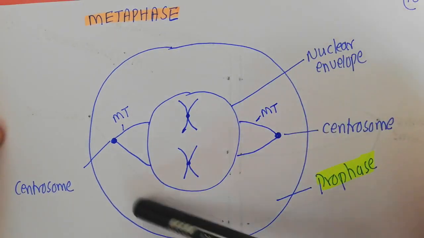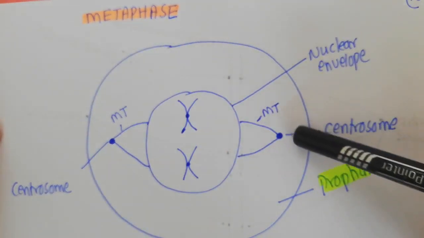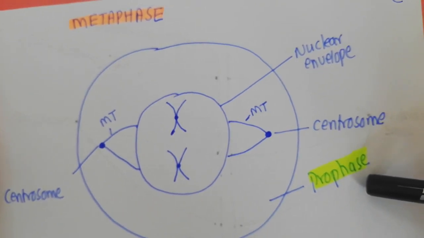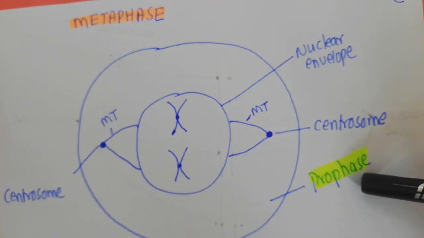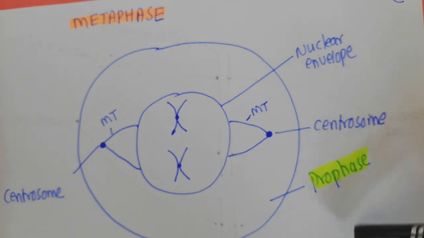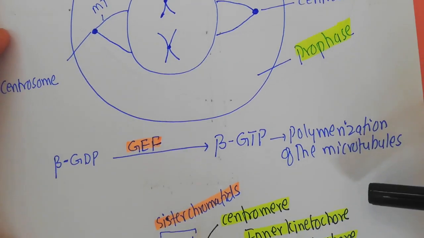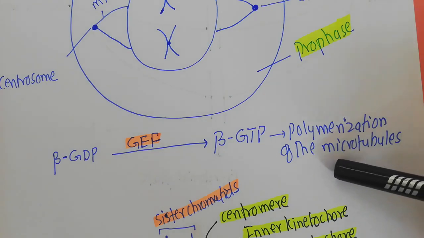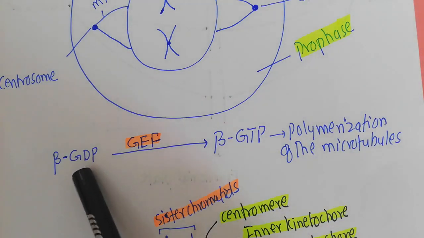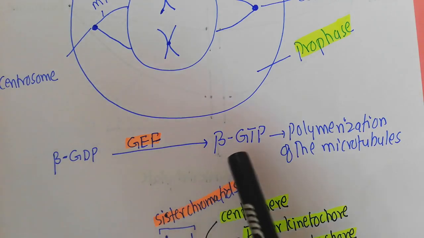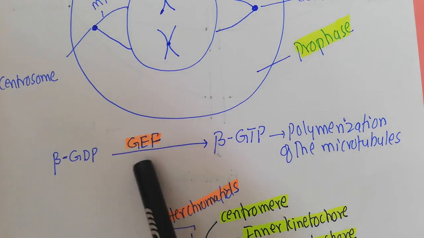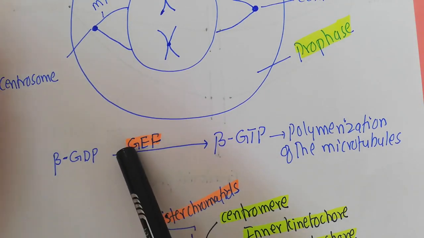Now this figure is showing you the first phase of the M phase of the cell cycle, which is the prophase. I told you that the MCDK was going for the polymerization of the microtubules, and the microtubules were polymerized by the conversion of the GDP of the beta tubulin into GTP, and that was achieved by the GEF enzyme, and this GEF enzyme was activated by the MCDK.